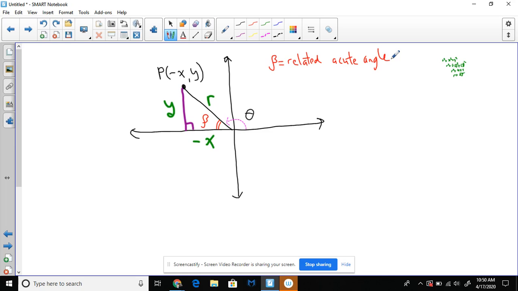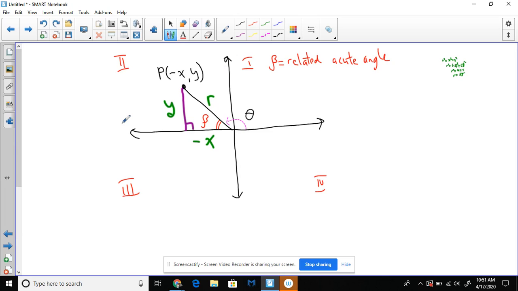So every swing, whether it's in quadrant 1 or quadrant 2 or quadrant 3 or quadrant 4, every swing of theta past 90 will have a related acute angle associated to it. And that's going to be important because, if you haven't noticed, this triangle, even though it exists in the second quadrant, I'm using the related acute angle to make this related acute triangle to then come up with my trig ratios.